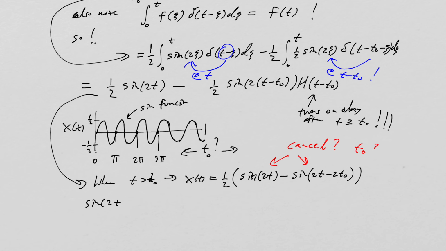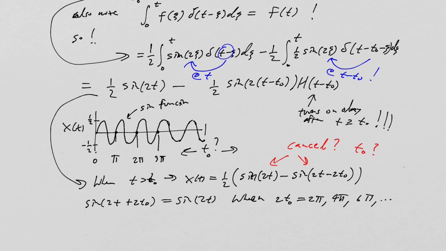So we ask what t naught makes those cancel. Of course, we know that sine of 2t minus 2t naught will equal sine of 2t when 2t naught is equal to 2 pi, 4 pi, 6 pi, and so on and so forth.